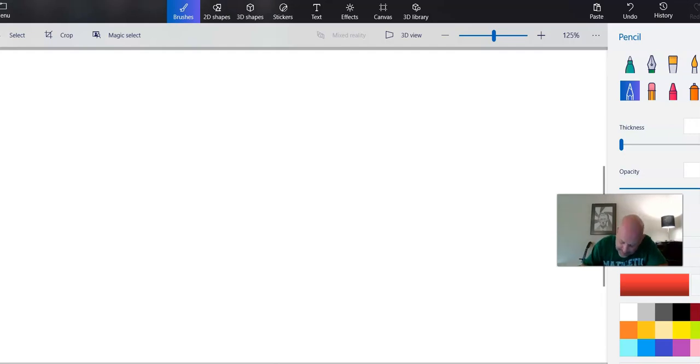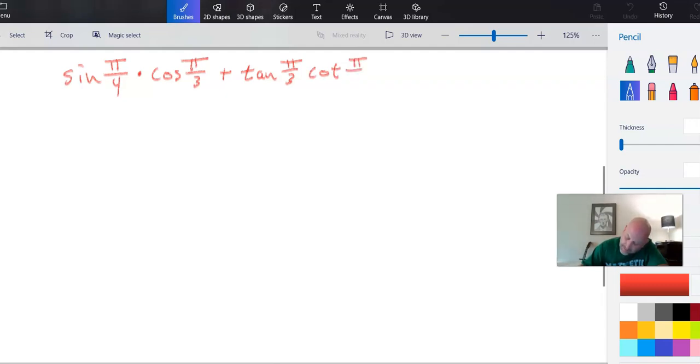So let's say we have sine of pi over 4 times cosine pi over 3, tangent pi over 3 times cotangent pi over 6. Let's have fun.